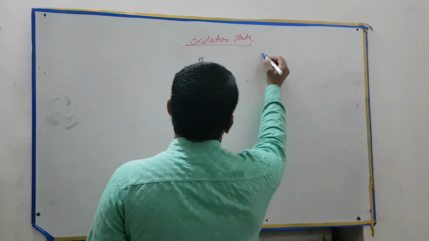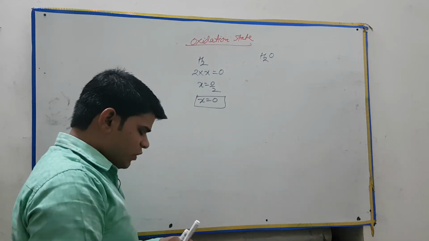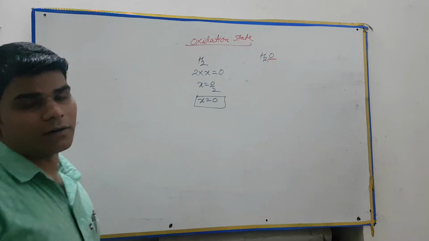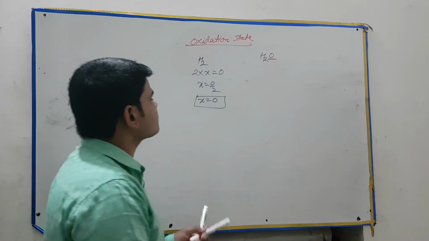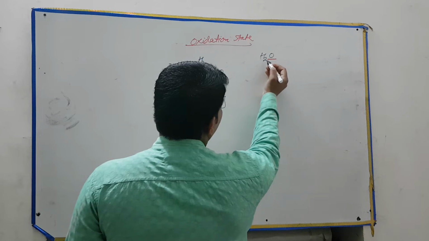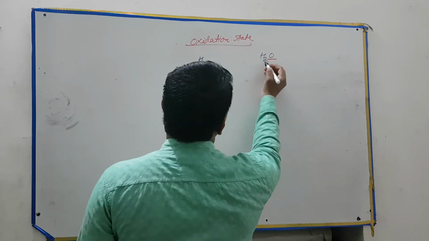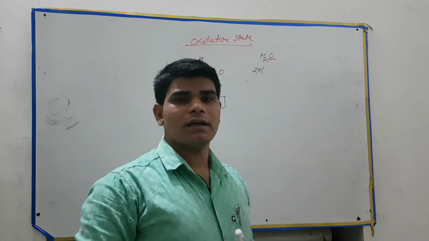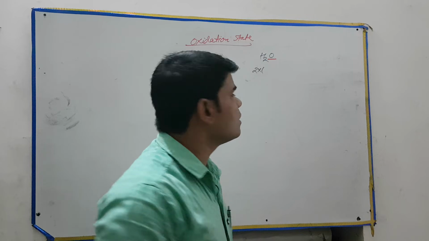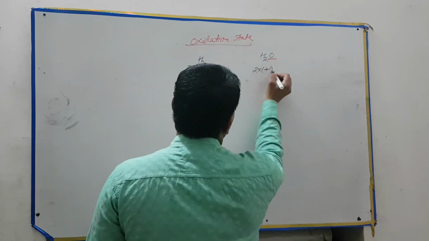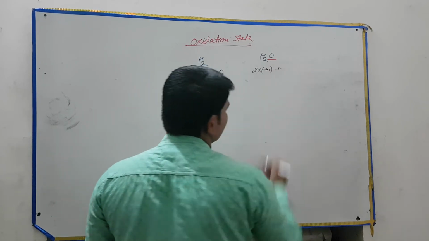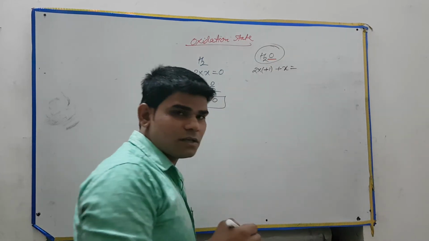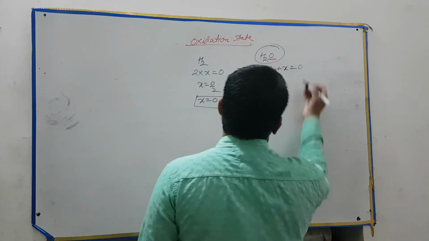Now, for H2O, to find the oxidation state of oxygen, take X for oxygen. There are 2 hydrogens, each with charge plus 1, and for the oxygen take X; the total charge of the compound is 0.